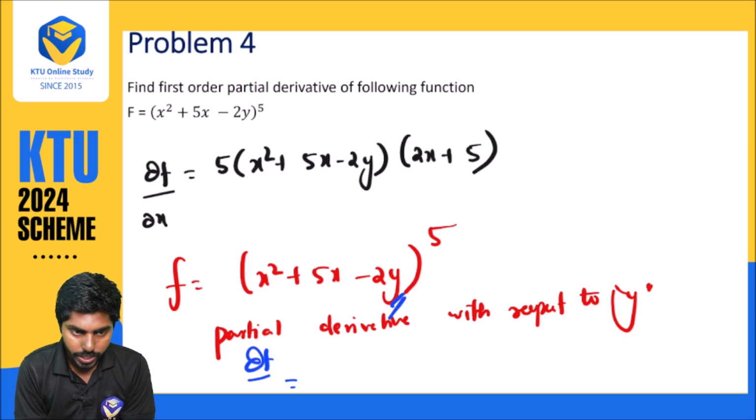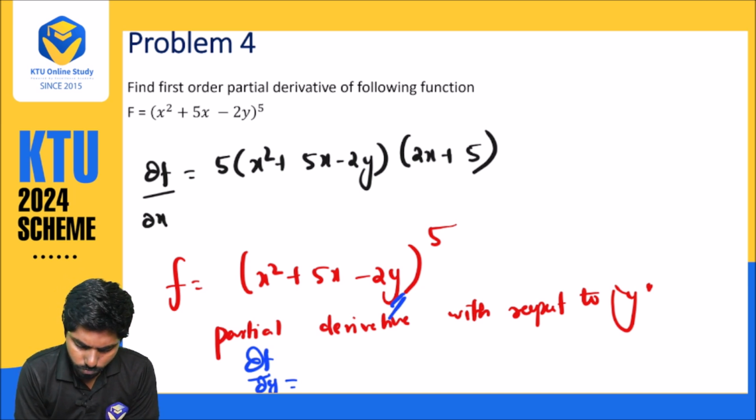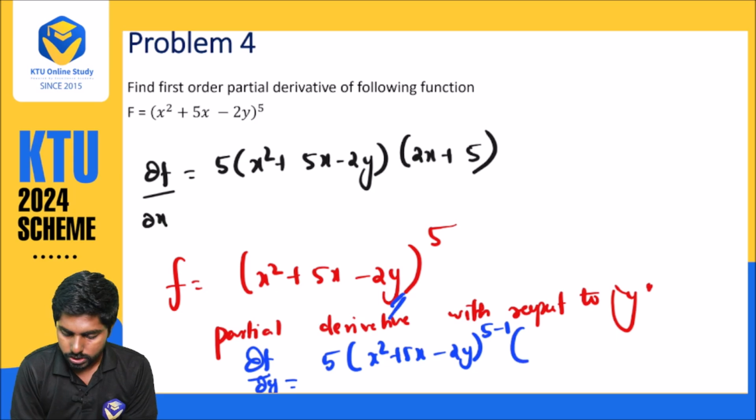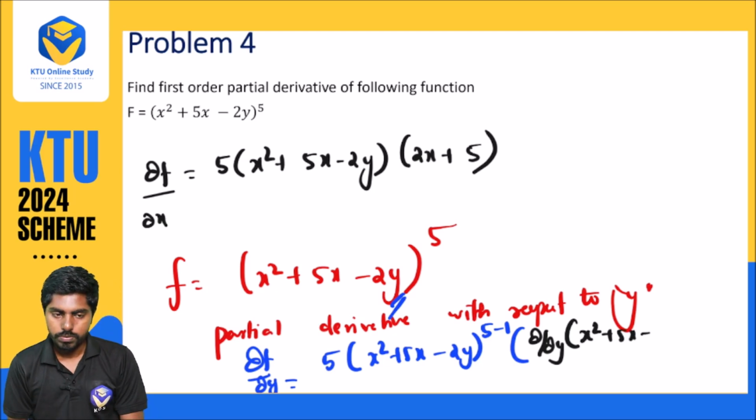So dou f by dou y is nothing but 5 into (x square plus 5x minus 2y) power 5 minus 1 into dou by dou y of (x square plus 5x minus 2y).